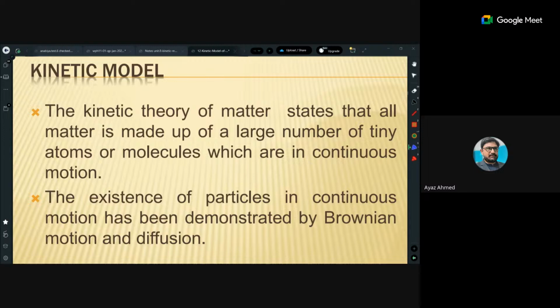There are different ideas which were put forward in the kinetic model, and this is one of them. It is basically a point of a theory.